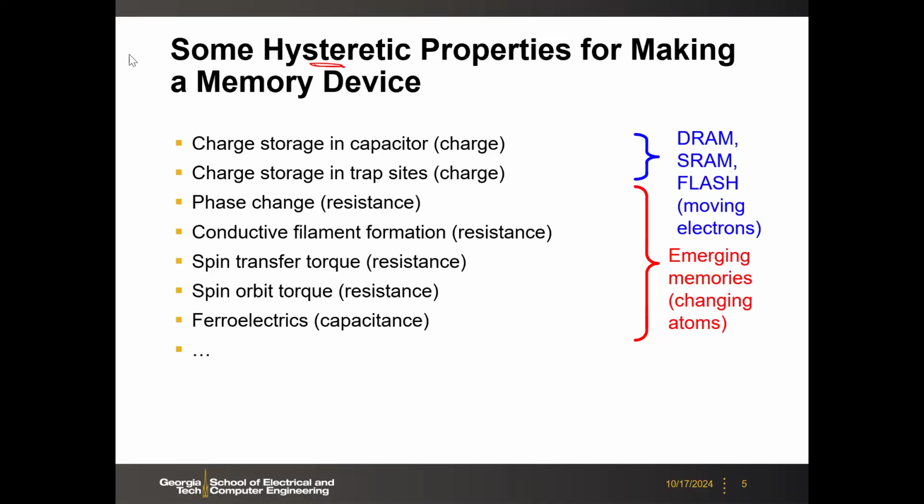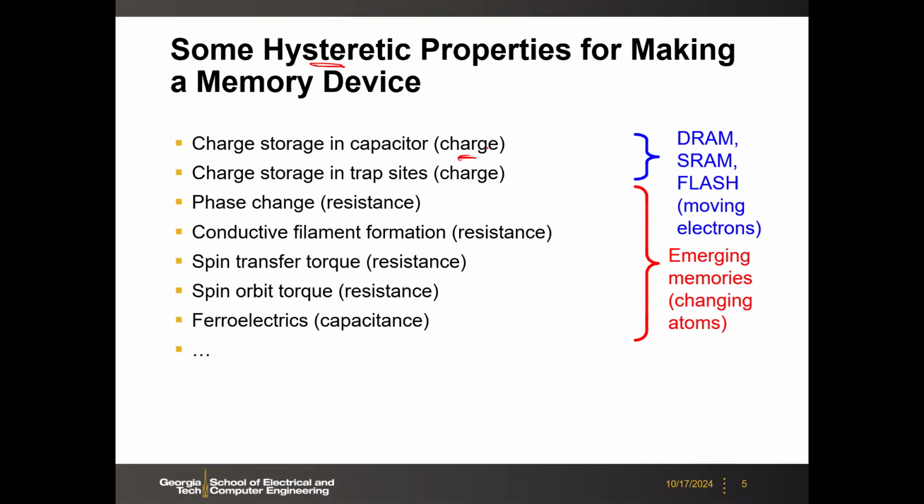So here, if you look at the mechanism, that means some physical mechanism. For the mainstream technologies like DRAM, SRAM, flash, essentially it is a charge-based memory, right? Moving electrons, or let's say charge.